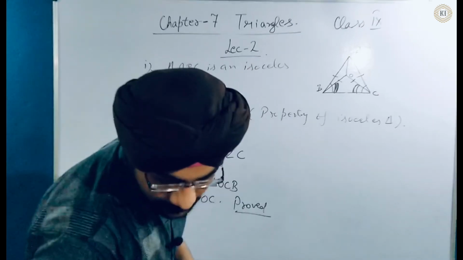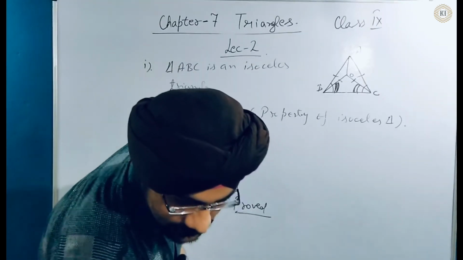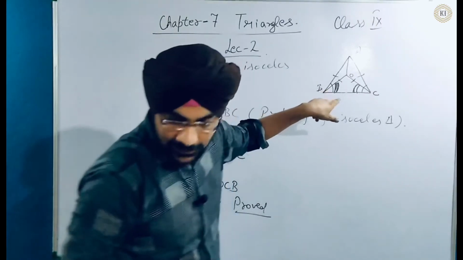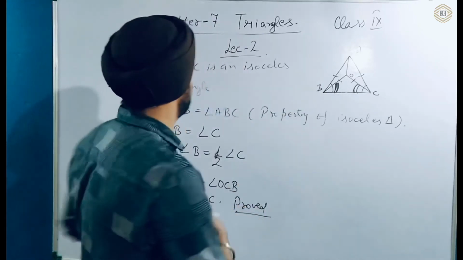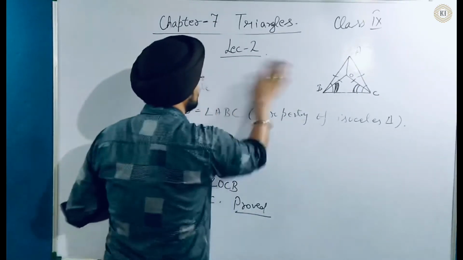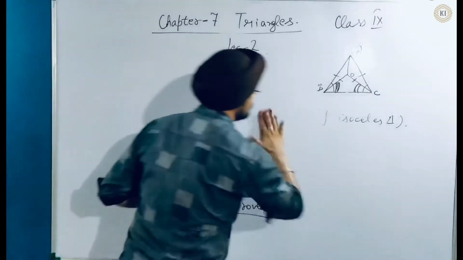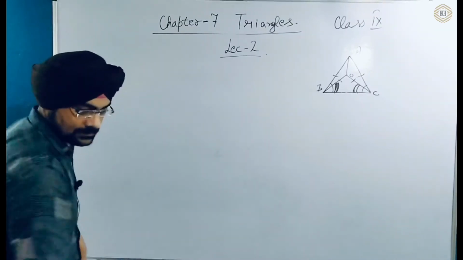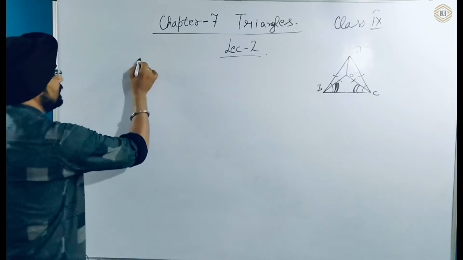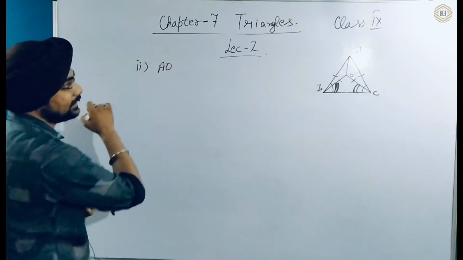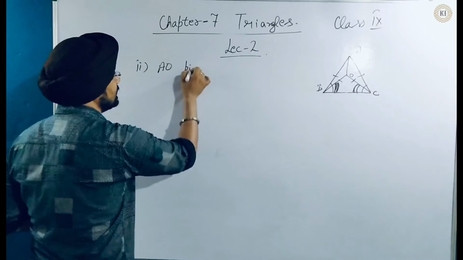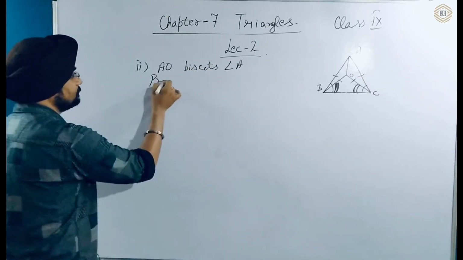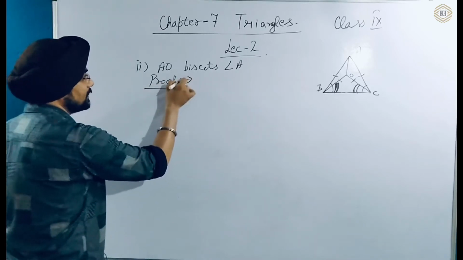The second part we have to prove is that AO bisects angle A. Now see how to start.